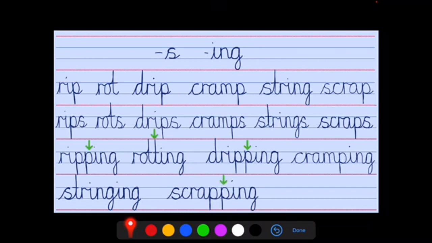Look at that. We needed to double in ripping, rotting, dripping and scrapping. To make sure that the person reading knew exactly what to say.